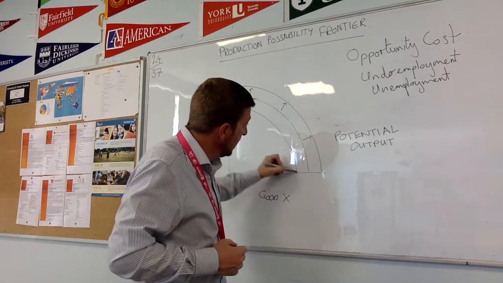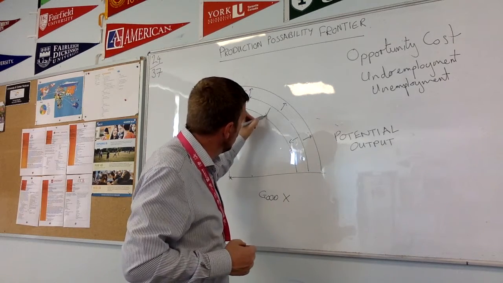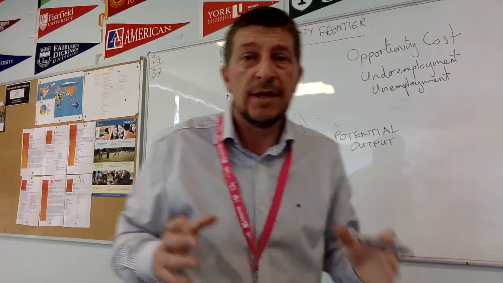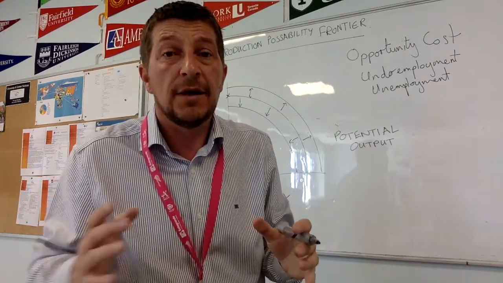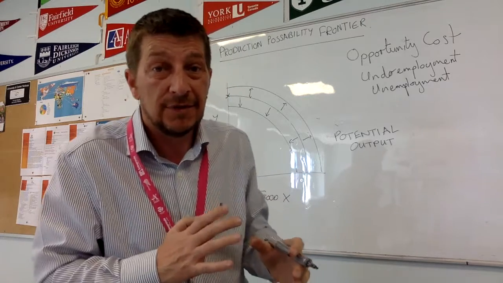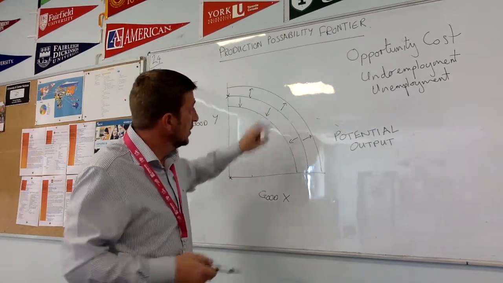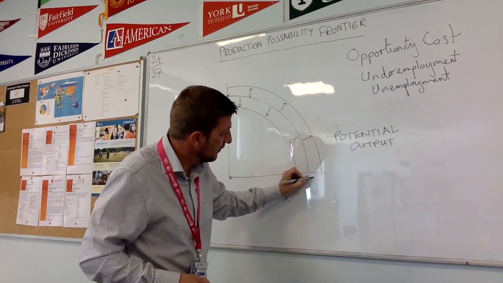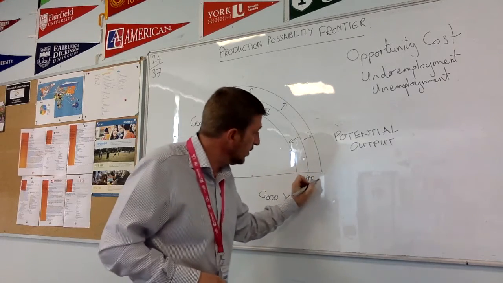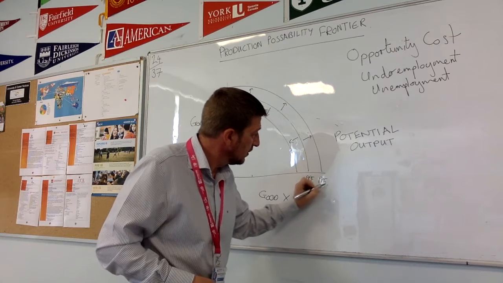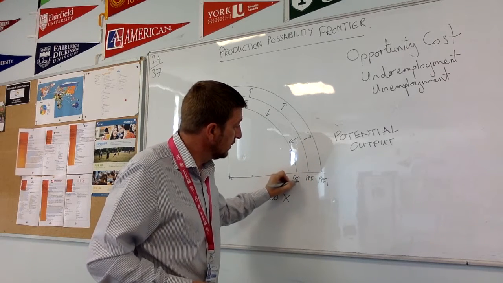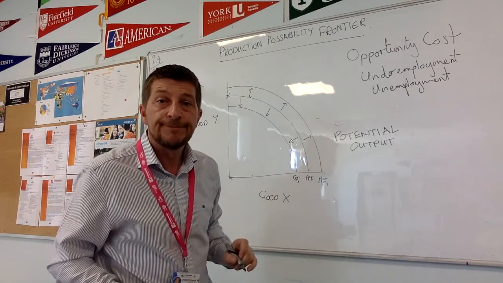We could actually see the potential of your economy falling significantly. Okay, so we could see that this, which is our original PPF, could shift outwards, or it could shift inwards.